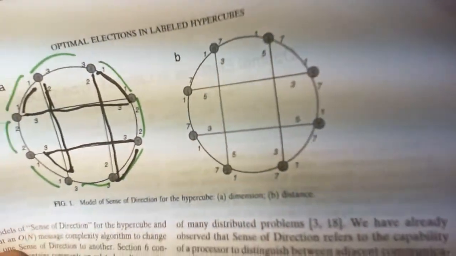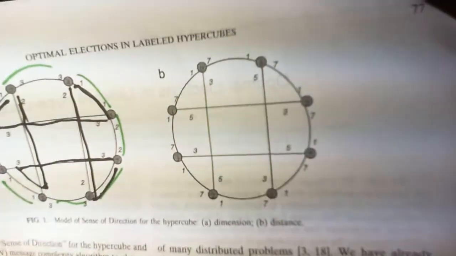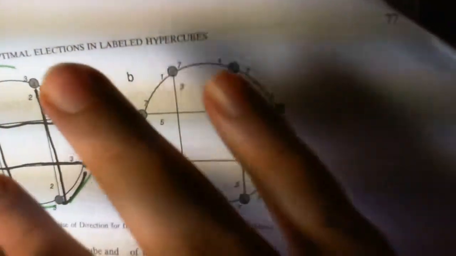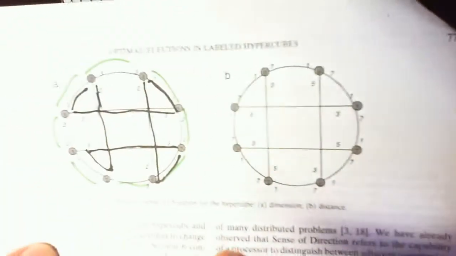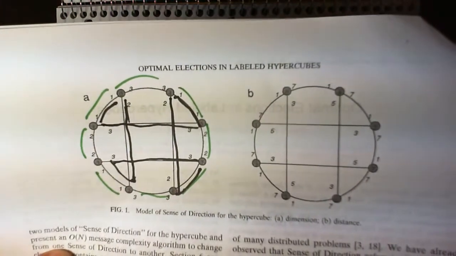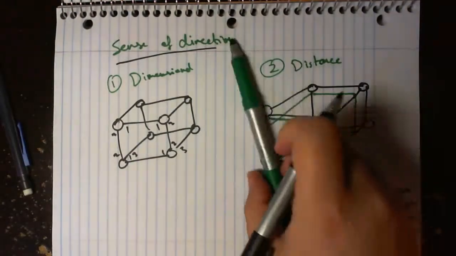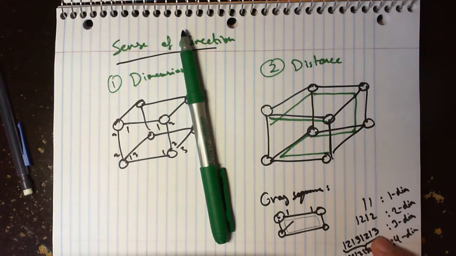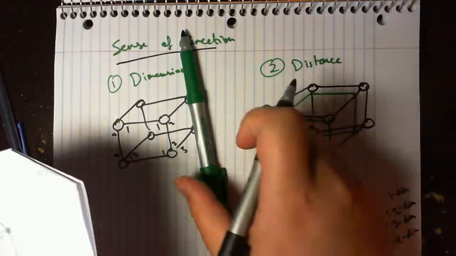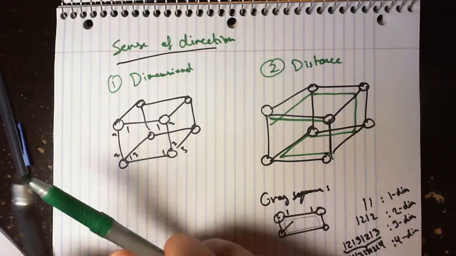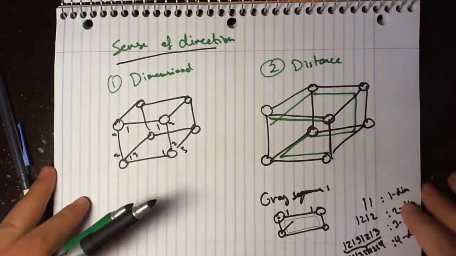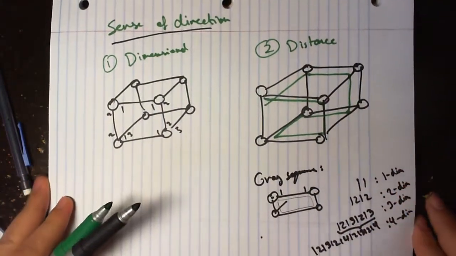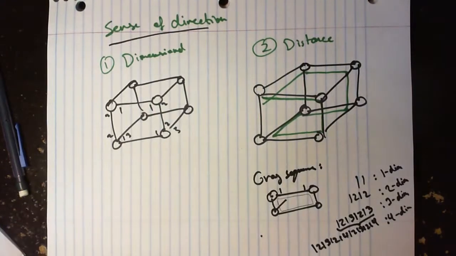It's not in the same order as this, but the nodes can't tell the difference. I can rearrange these nodes so that it'll still look like a ring. So just to understand, this gray sequence will work for any node no matter where you start. It's almost like implicit knowledge by now. You don't even have to order them before you start the algorithm. Here's the fourth dimension if it wasn't clear before.